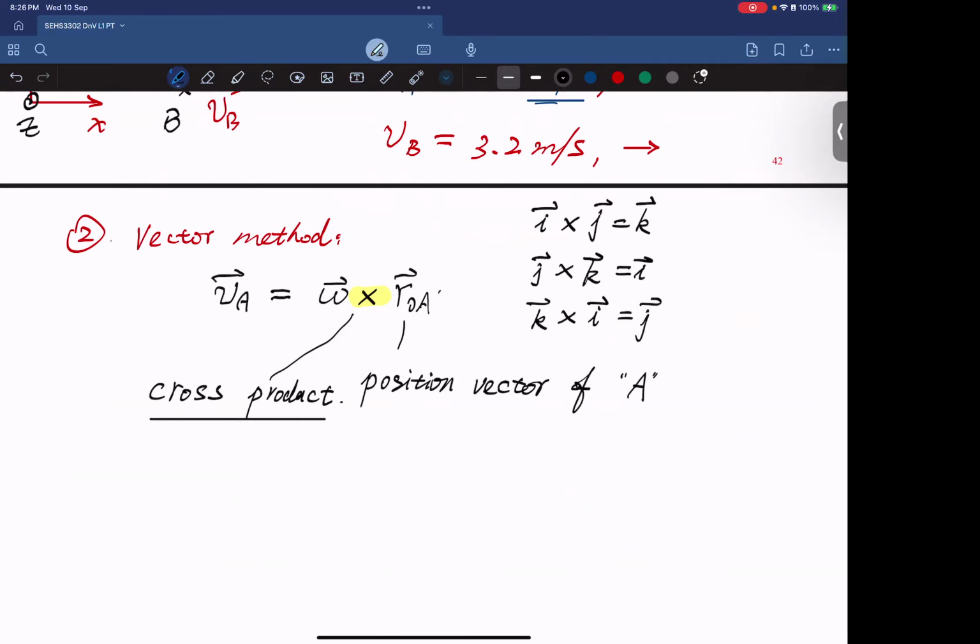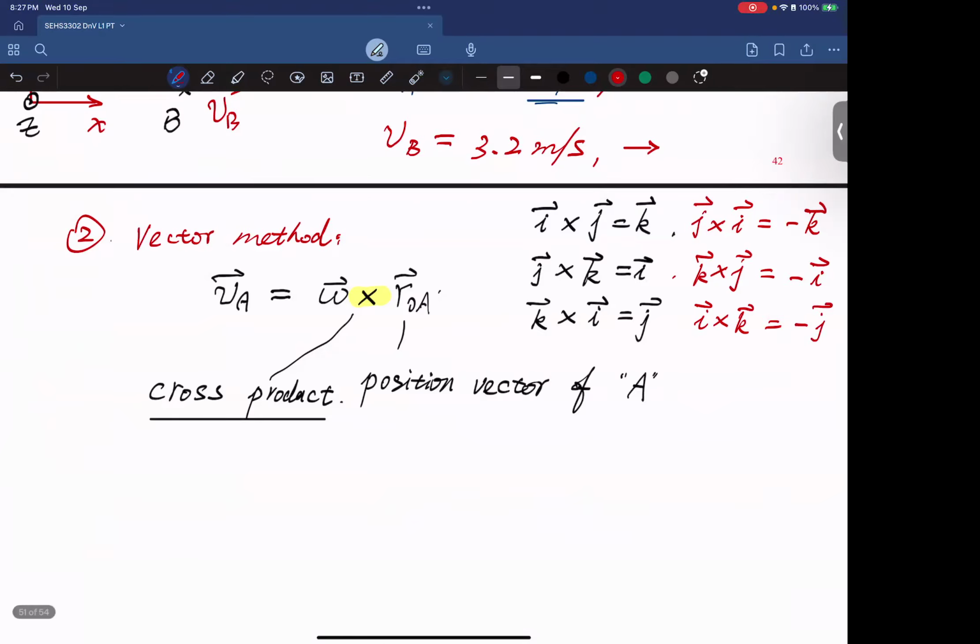The rest follow the same pattern. If we swap, for example, j cross i, it must be negative k, and k cross j must be negative i, and i cross k must be negative j.